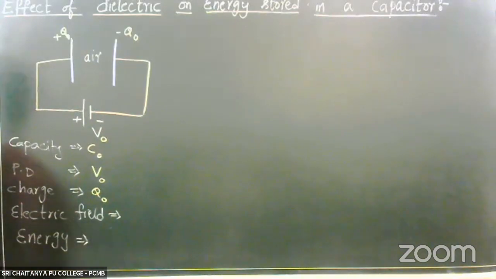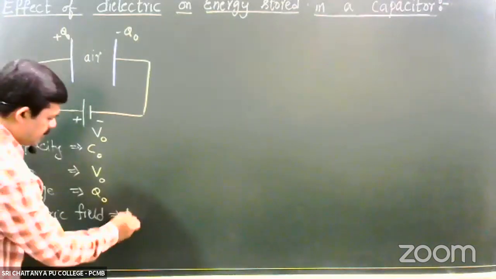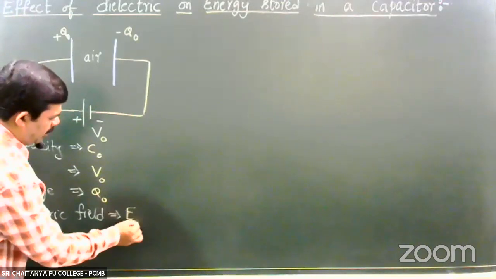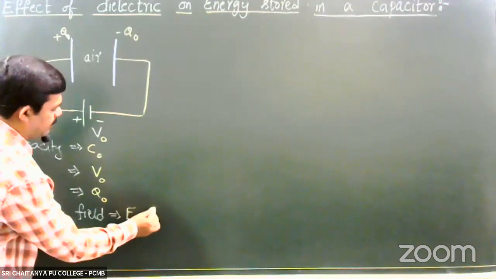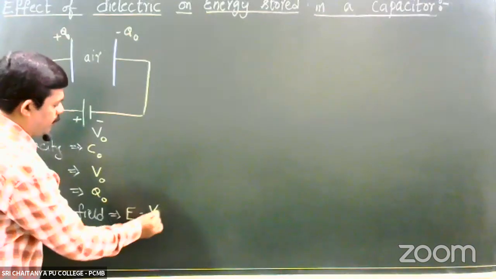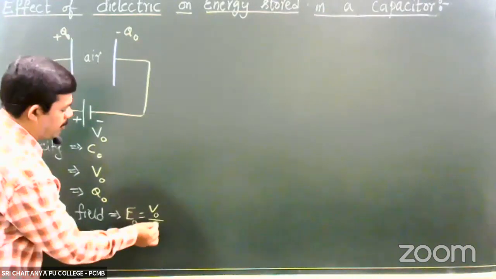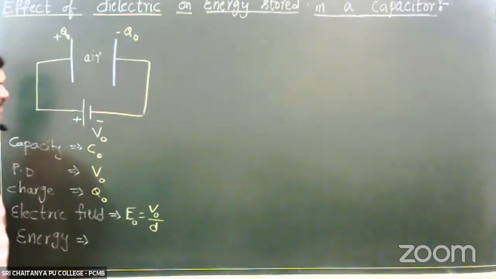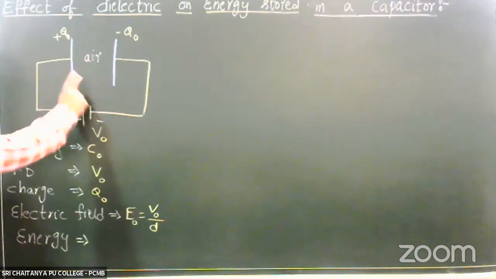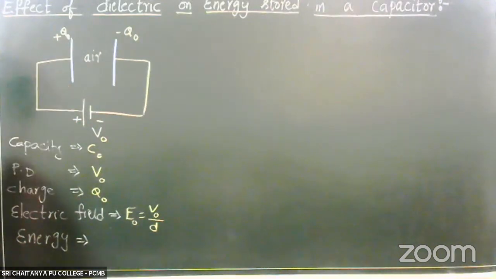Electric field between the plates E0. What is the formula? V0 by D, where D is the distance between the plates. Right? We know that. And what is the energy stored in this capacitor?